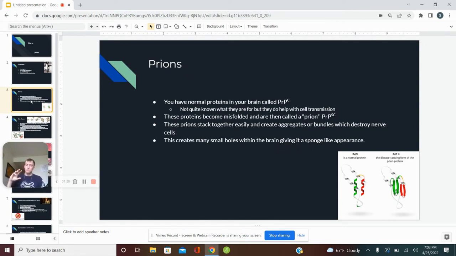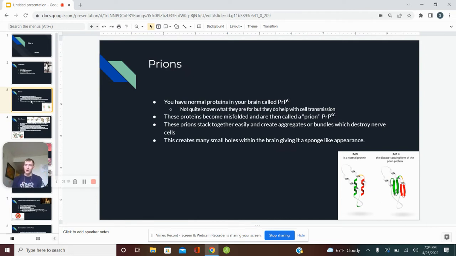You have these normal proteins in your brain that are folded correctly, called a prion protein, PrPC, with the notation of C. And we don't know quite what they do today. We believe they have something to do with protection, like helping to protect the cell, and also they might help with transmission from one neuron to the other.